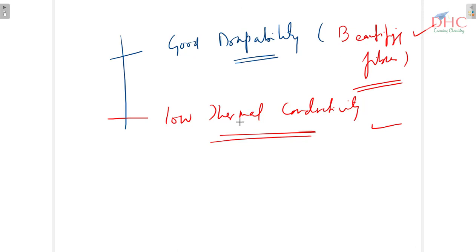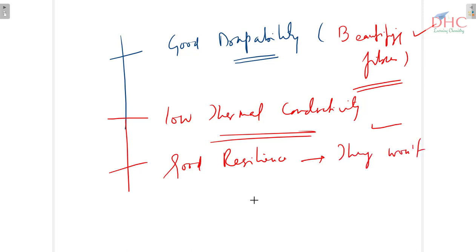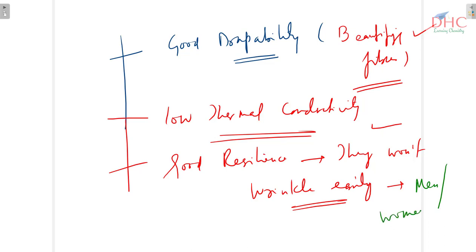Good resilience means that they won't wrinkle easily, due to excellent resilience. Hence it is used for men's and women's dresses. That's why they are used for men and women dresses.